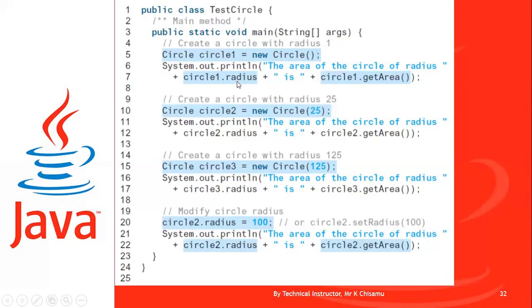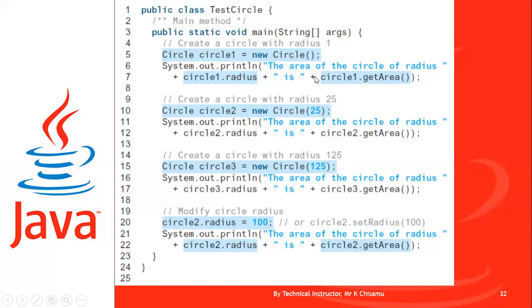So 1 will be joined after this space. So it will read as the area of the circle of radius, space, 1, and then there's a space after 1. So it will print a space and then join the word is, and then print a space and join.